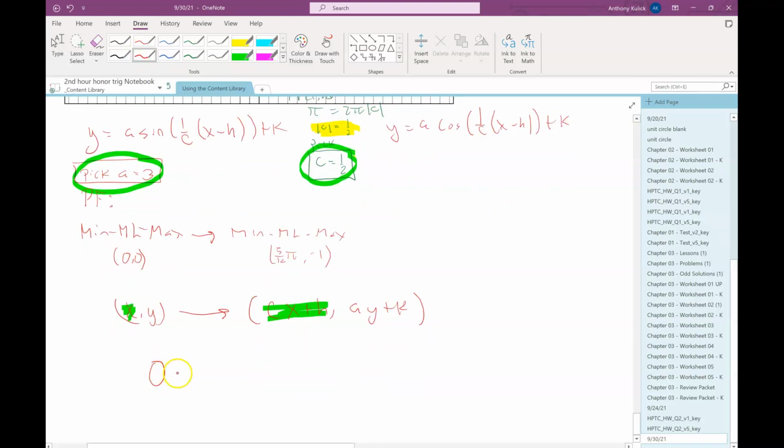So 0 is equal to 1/2 times 0 plus h. Sorry. This is equal to 5/12 pi. Excuse me. So this is equal to this.